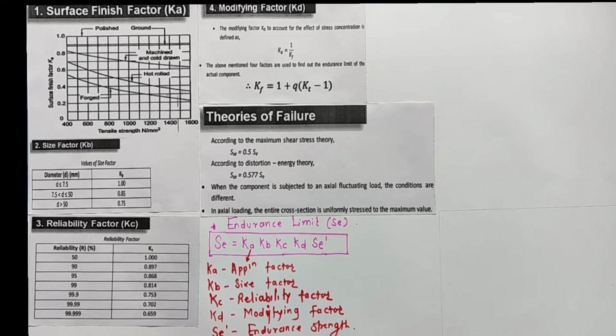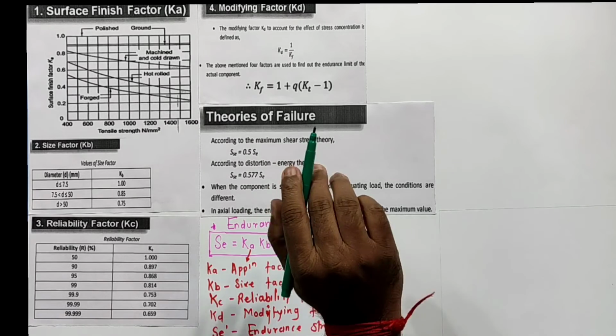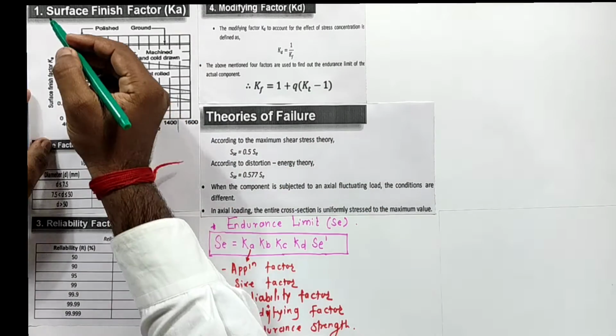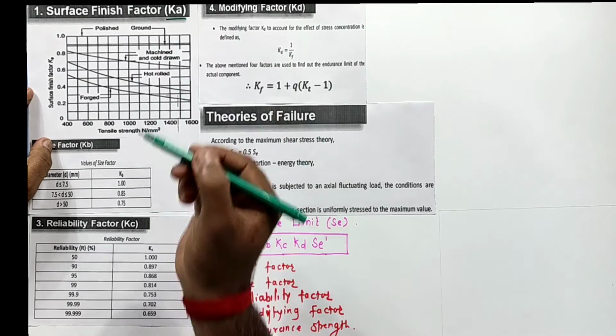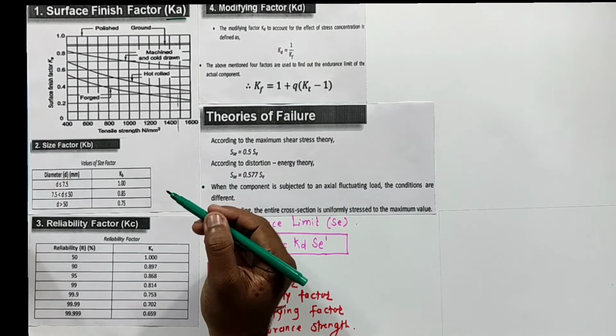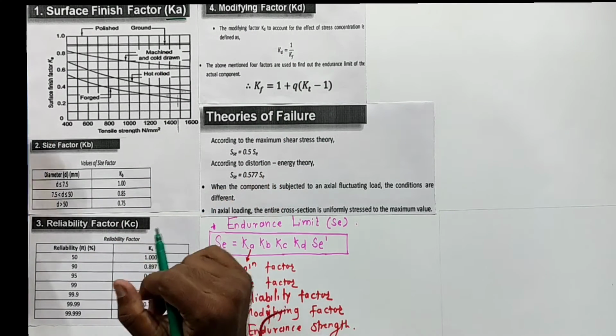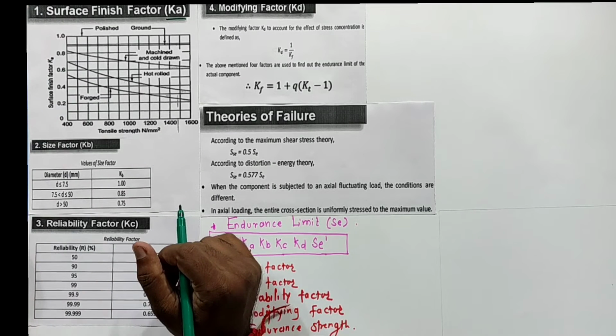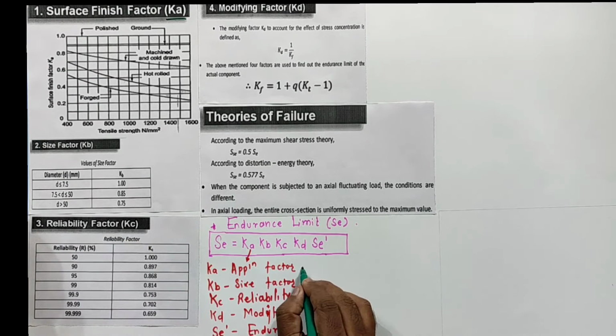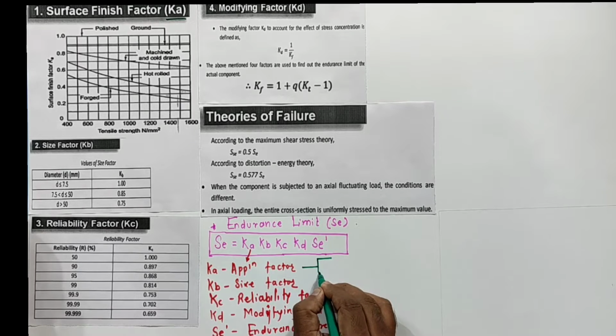Now how can we find these values KA, KB and so on? See, first graph KA, that is surface finish factor or application factor of the particular component. KA depends on two parameters.